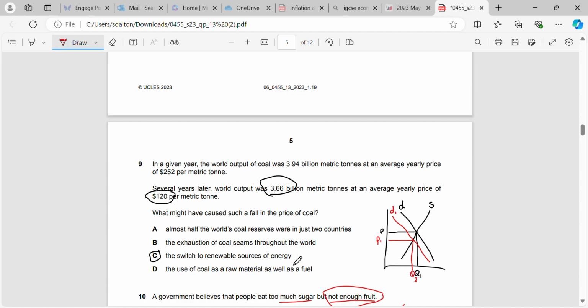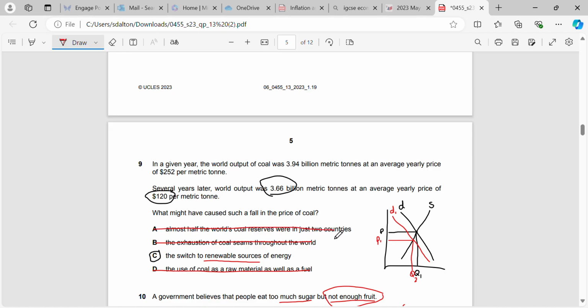We might shift to the left if substitutes have become available, such as renewable sources of energy. So all of the other reasons that are given here, half of the world's coal reserves are in 2 countries, the exhaustion of coal seams throughout the world, or the use of coal as a raw material as well as fuel, none of them are going to result in demand shifting to the left, right?